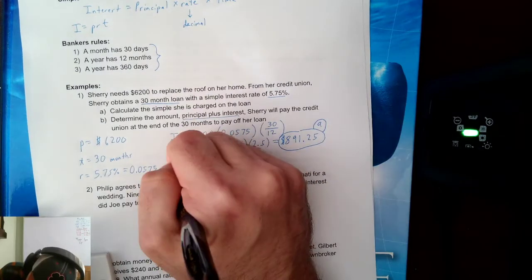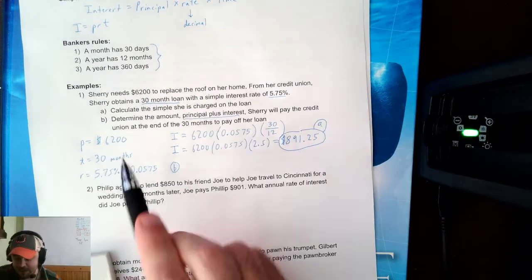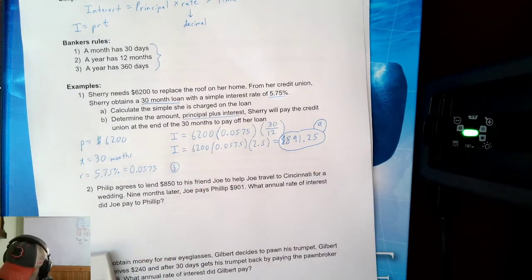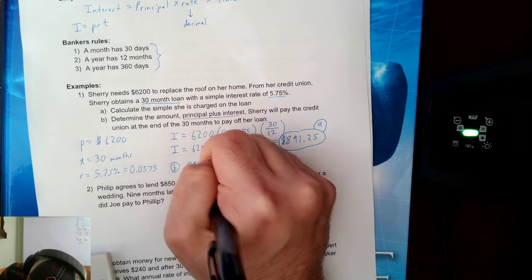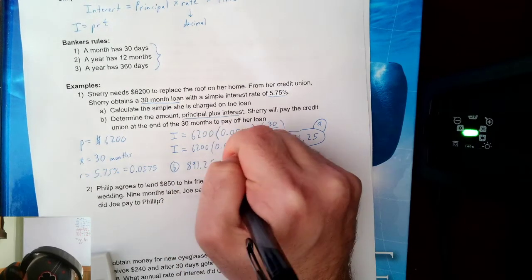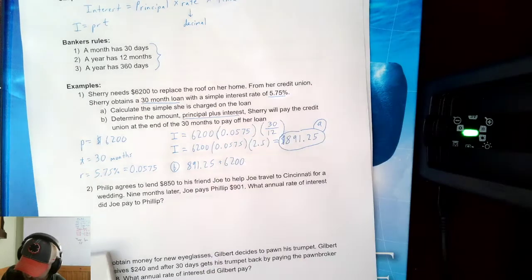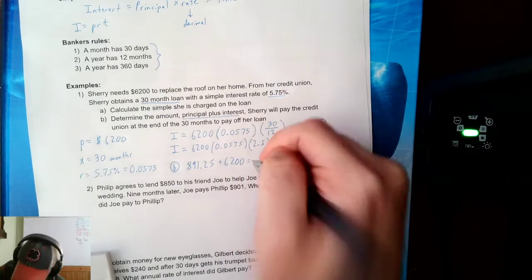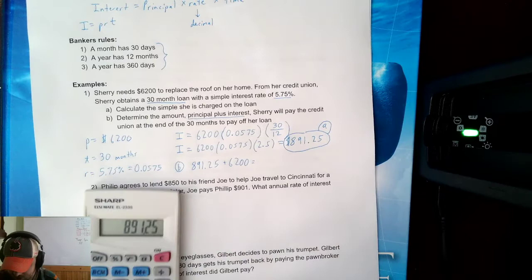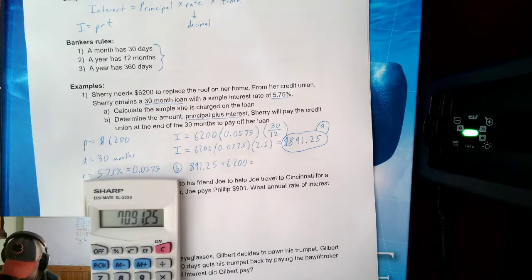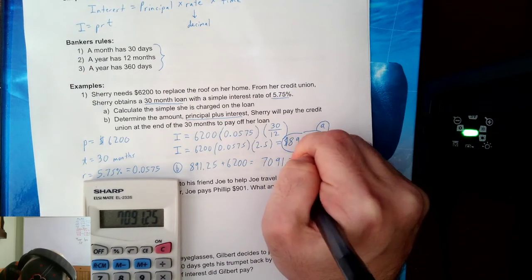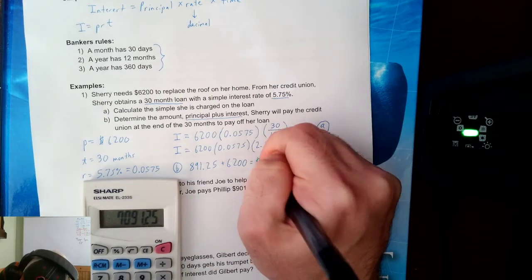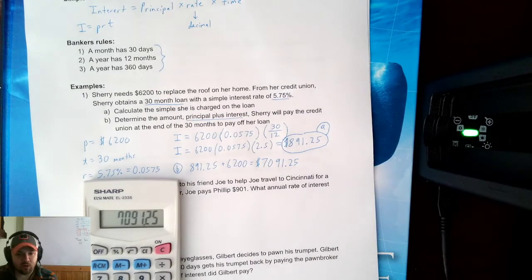For part B, determine the total amount she'll pay back, right? Well, if she's paying $891.25 in interest, and she also has to pay back the $6,200 she borrowed, then $891.25 plus $6,200 is going to give me $7,091.25. $7,091.25 will be the total amount she has to pay back the credit union.